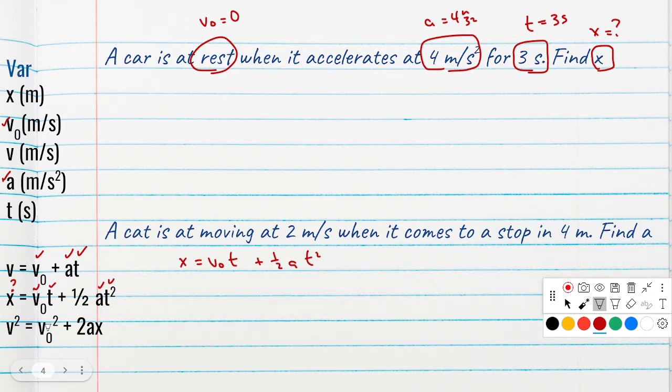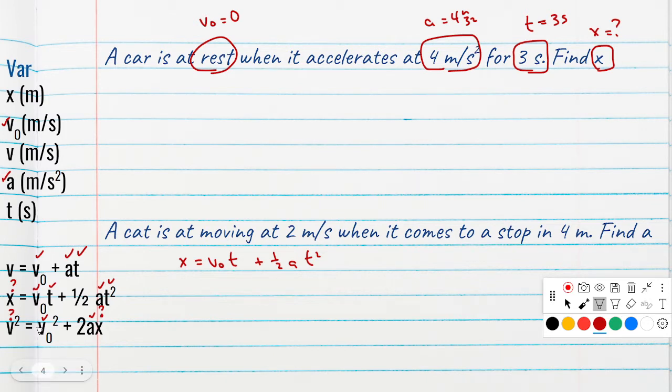Just for kicks here, let's see what would happen if we tried to use the last one. I've got V naught, so I'm going to check that one off. I've got the acceleration. I want to find the X, so that's a question mark, but I don't have the final velocity. That's a question mark. See how there's two question marks in that one? There's two unknown variables.